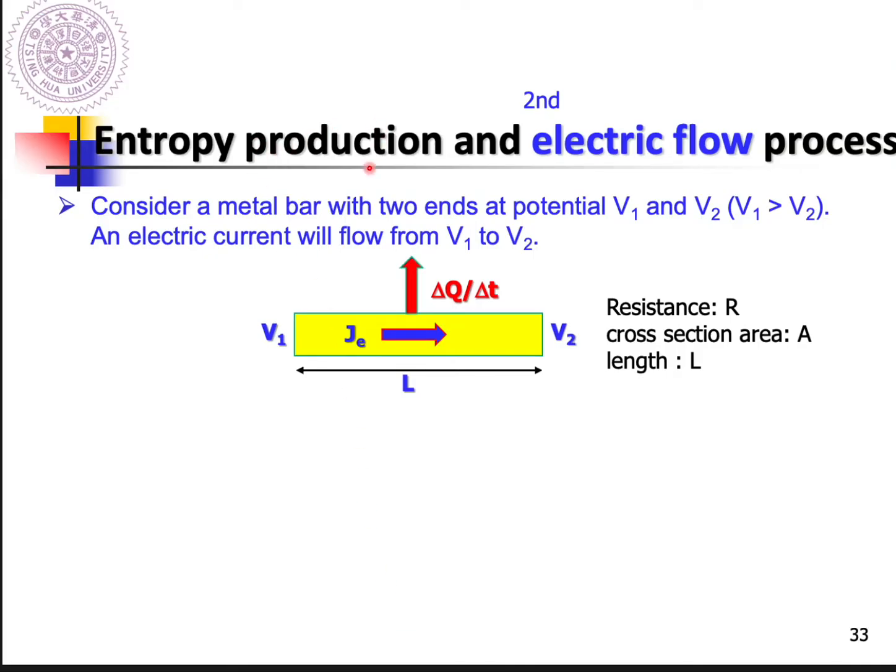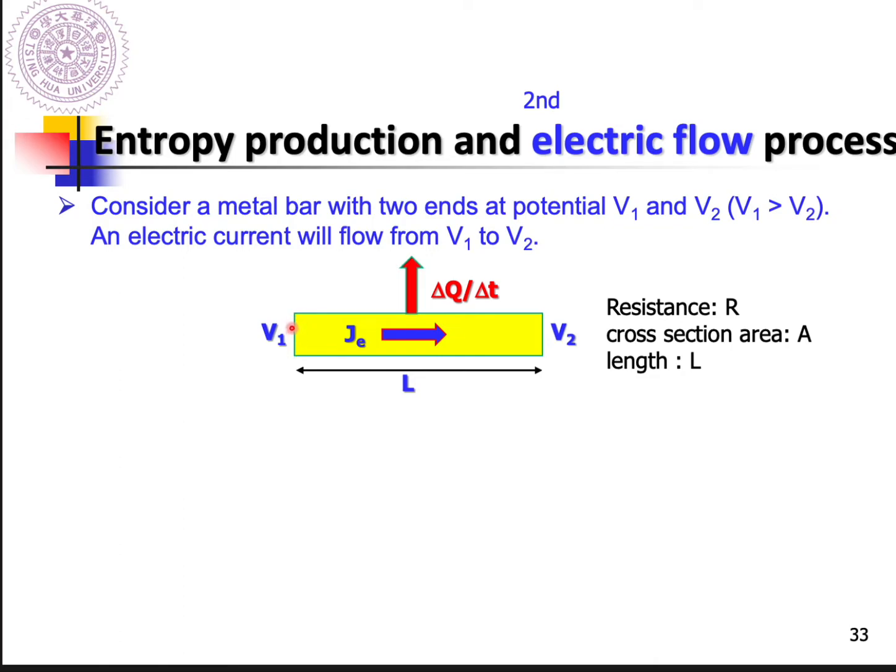The second case we are going to introduce is the electrical flow process. Can we also demonstrate that the equation we just derived on the previous slide also applies in the electrical flow process? So now we have a metal bar here, the yellow metal bar, and we connect this metal bar to a battery, something like that, which can provide the electrical field or electrical potential gradient.